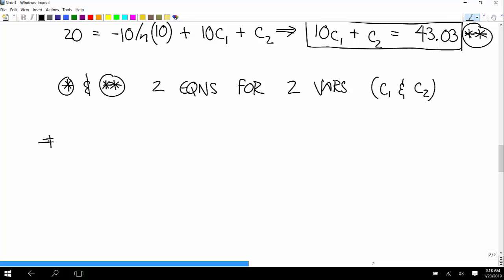Okay, number 11. So we have this function u, this vector u is equal to x y squared.